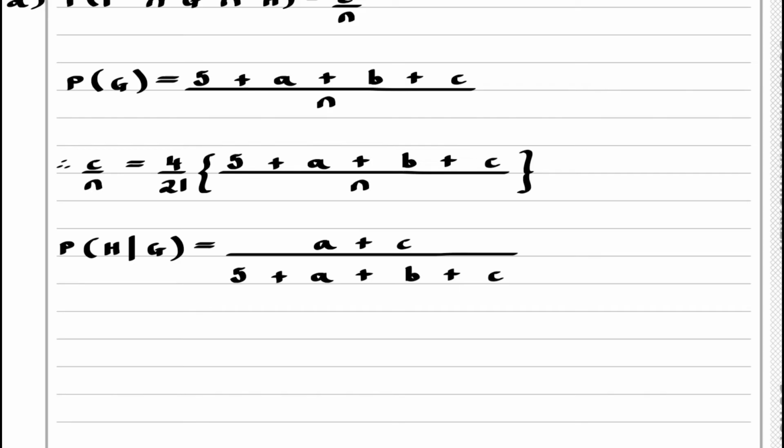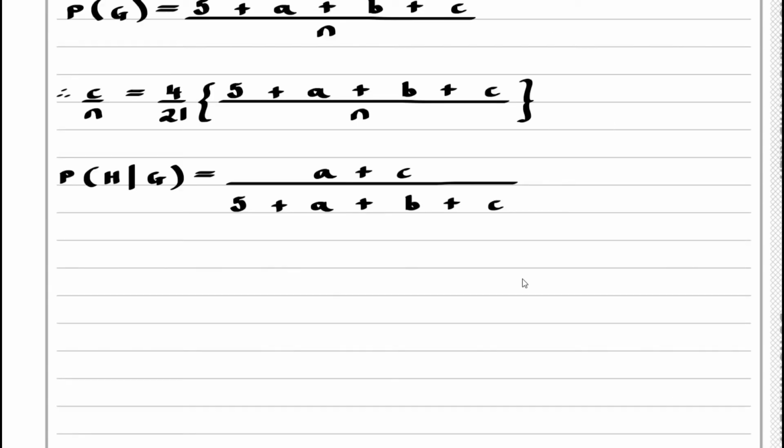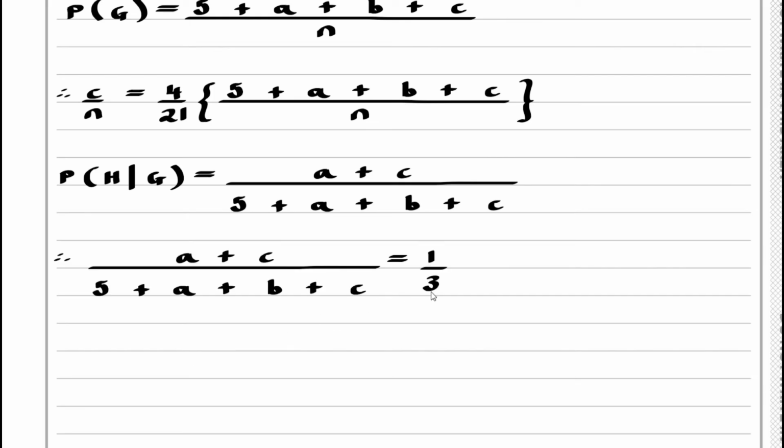We also know from the question the probability of H given G is a third. So we can set this result equal to 1/3. And if I cross multiply, you will find 5 plus A plus B plus C equals 3 multiplied by A plus C.